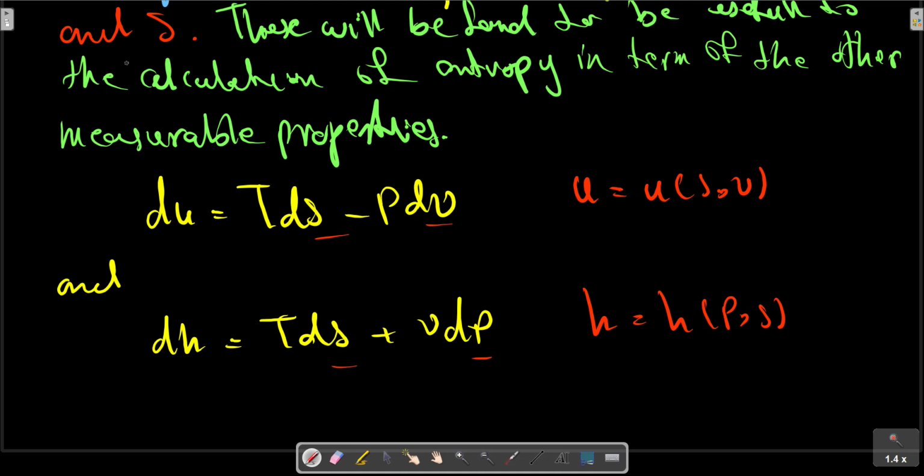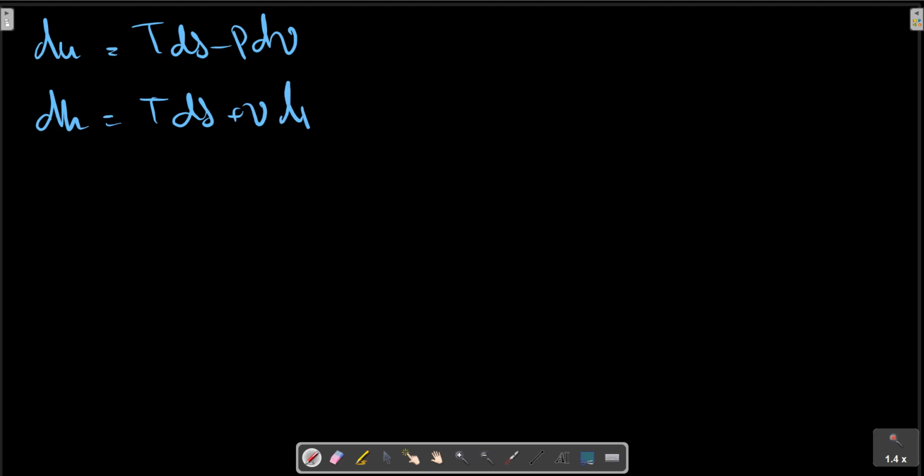the thermodynamic property relation. The first of these is the Helmholtz function A. Let me write the relation again: dU equals T dS minus P dV, and dH equals T dS plus V dP.